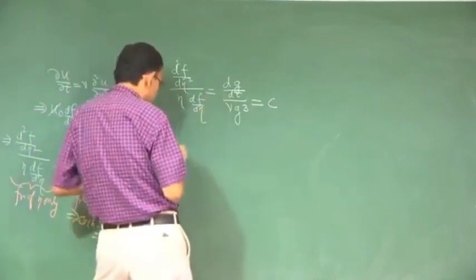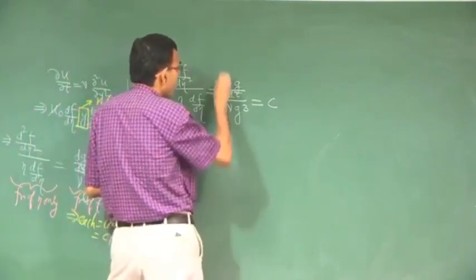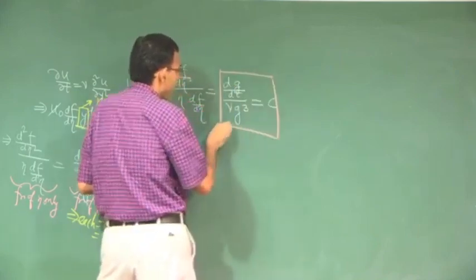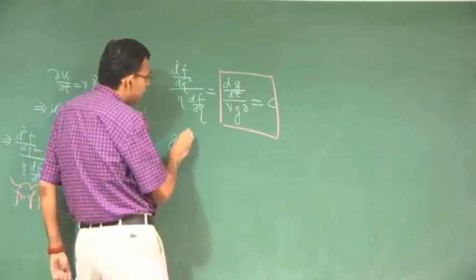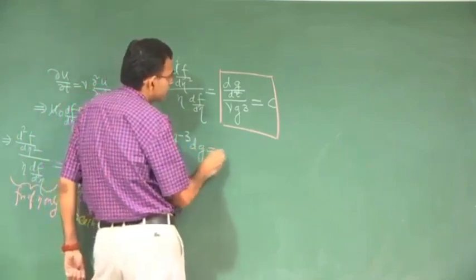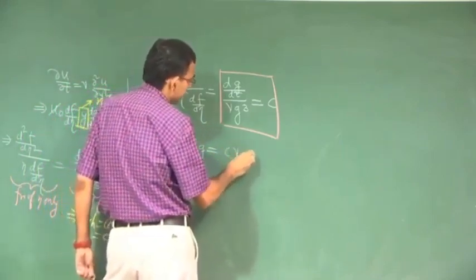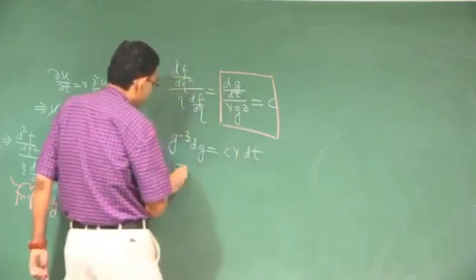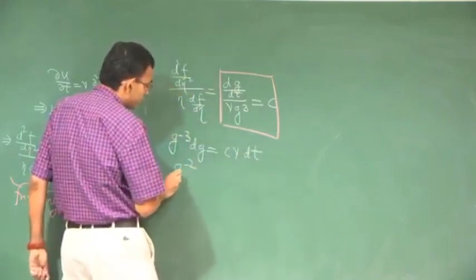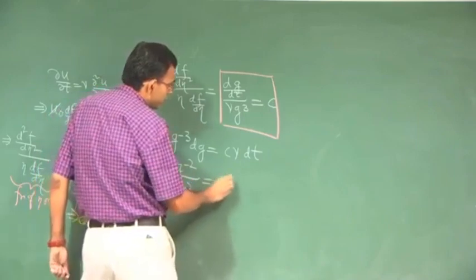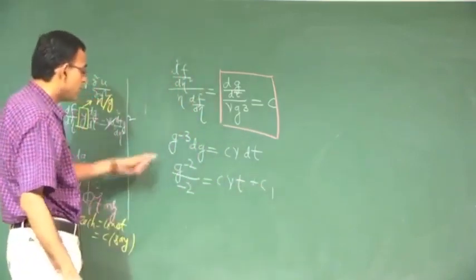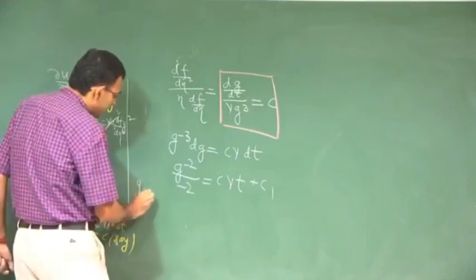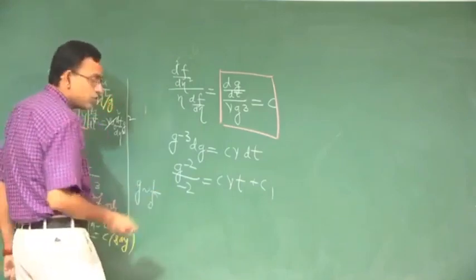So, let us take this part. So, you can write g to the power minus 3 dg. So, g to the power minus 2 by minus 2 is equal to c nu t plus c1. Now, what is g? g scales with 1 by delta. So, what is delta?